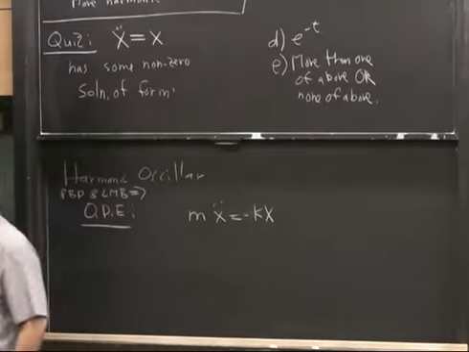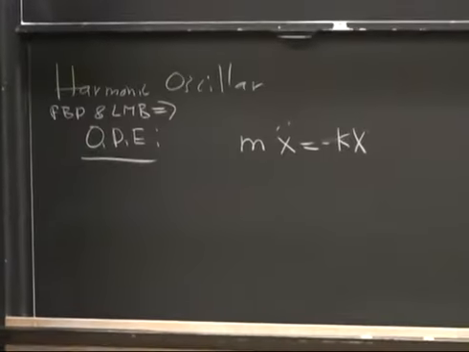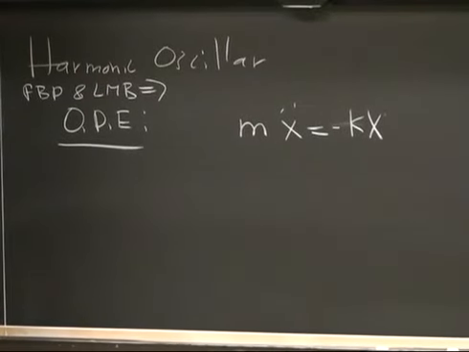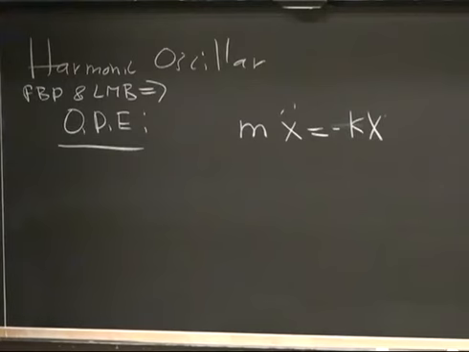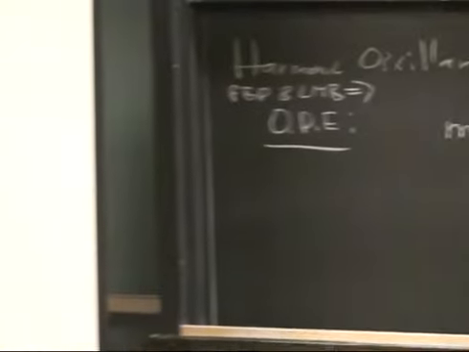Now we could try to solve that equation, and you've learned how to solve it, but you're supposed to know the solution, sines and cosines, faster oscillations if k is bigger, slower if m is bigger. But there are things you can figure out about this without the analytic solution, without memorizing it, without deriving it. What can we figure out? We can actually figure out the curves as a function of time by numerical integration.